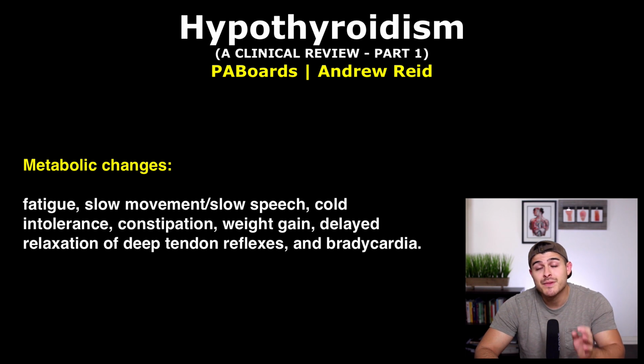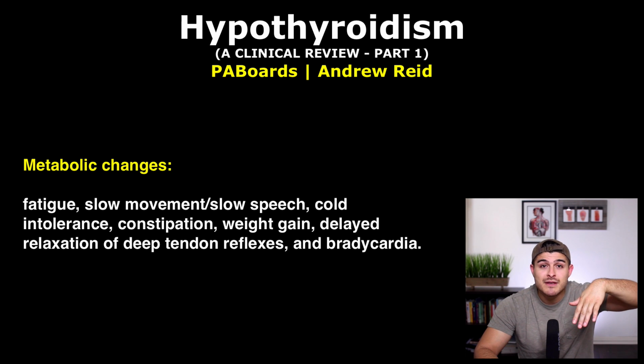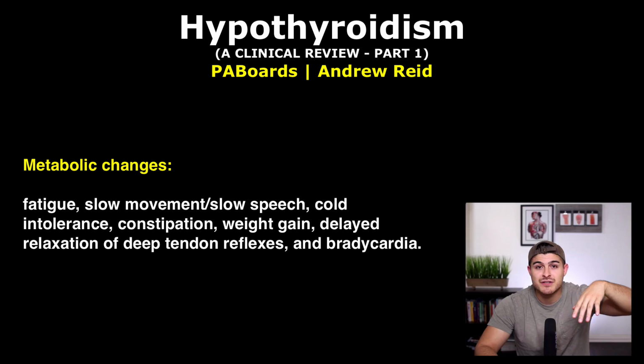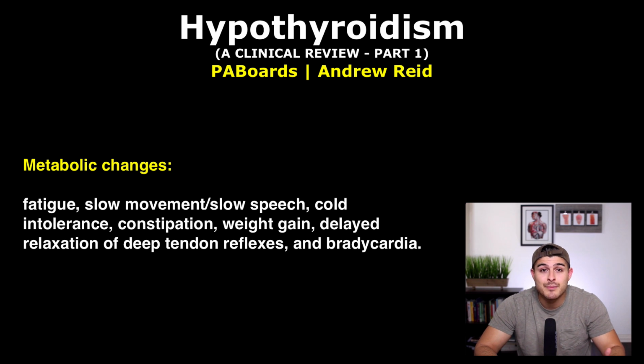We have weight gain, but it's very important to remember that hypothyroidism does not cause morbid obesity. You have weight gain, but you do not have morbid obesity. Now, a big one here as far as the physical exam goes is we're going to have delayed relaxation of the deep tendon reflexes. This is the relaxation phase. So if you tap the knee, it comes up normal, and it's going to have a delayed relaxation phase. This is going to be seen in hypothyroidism.